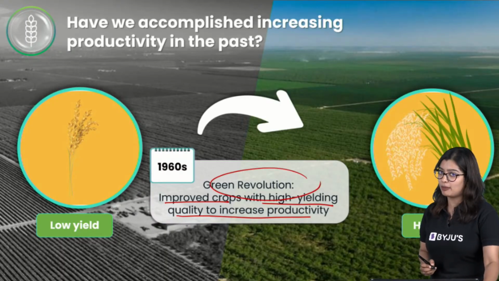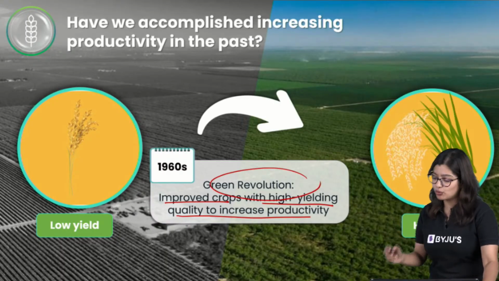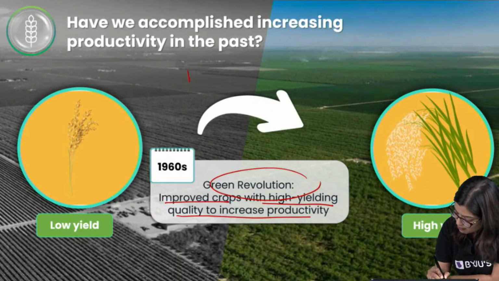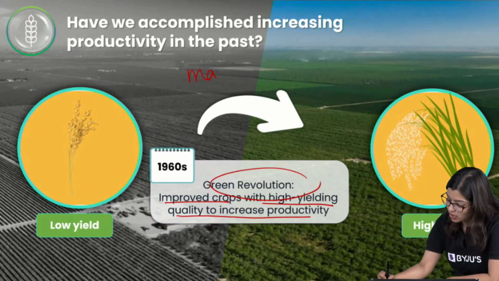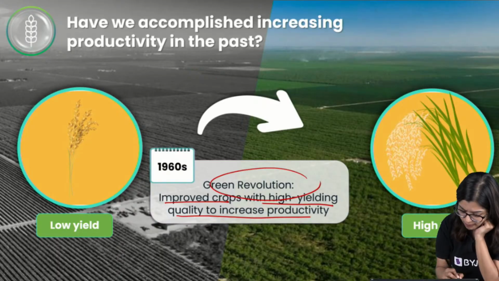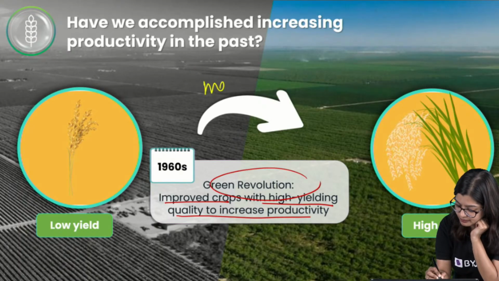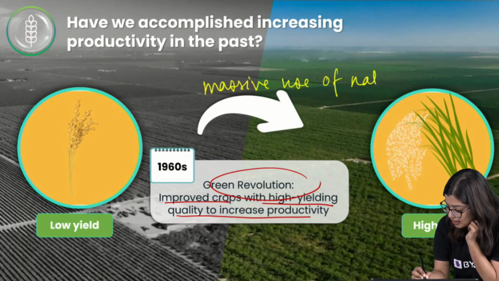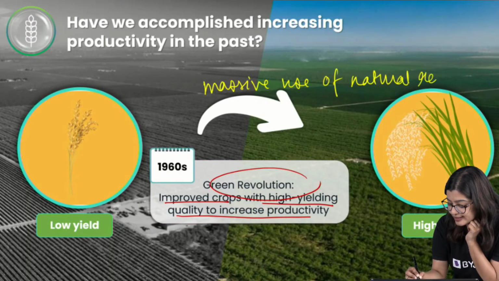But there was a very big problem here. In order to do the green revolution, we saw that there was massive use of natural resources, right? So massive use of natural resources.